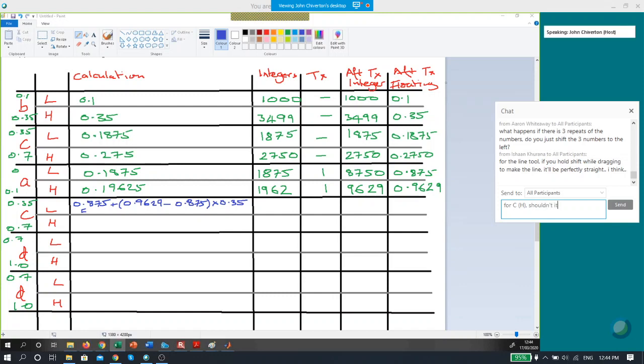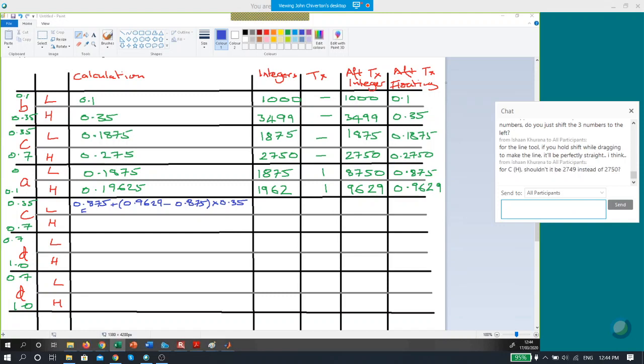So that comes out to, okay. There's no quick way of doing this, so I'll just type it in as it is. 0.875 plus 0.96. Okay, so that comes out to 0.90577.